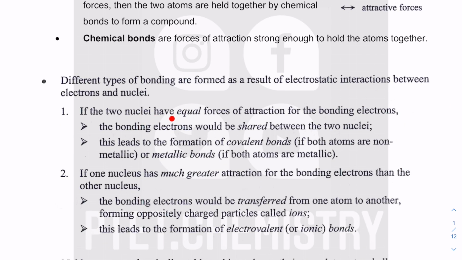If the two nuclei, nuclei being the plural of nucleus, have equal forces of attraction for the bonding electrons, which refer to electrons involved in forming a chemical bond, then you will get sharing of the bonding electrons between the two nuclei.